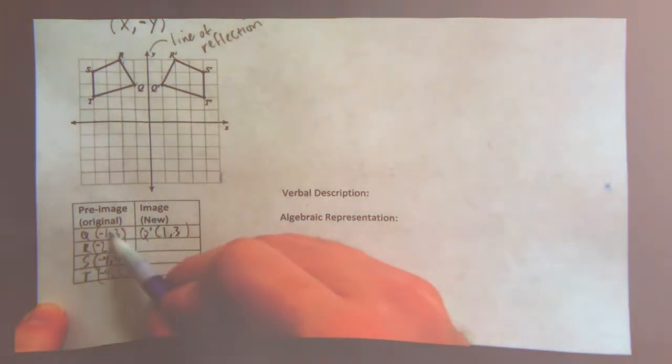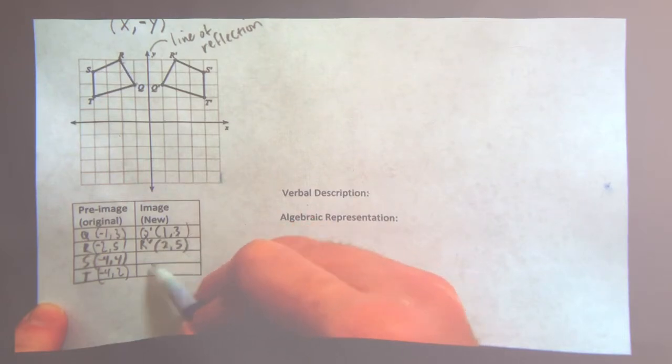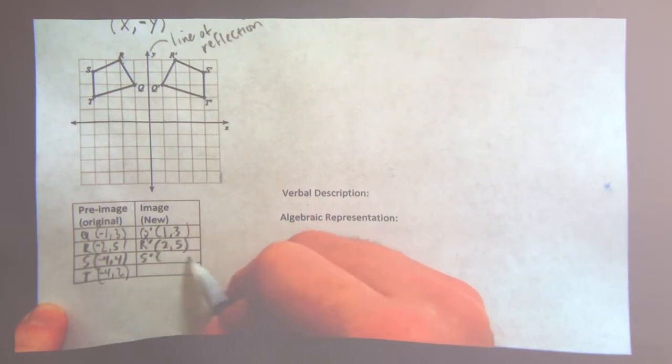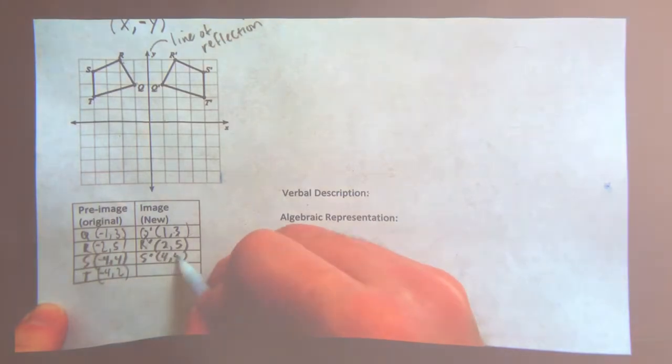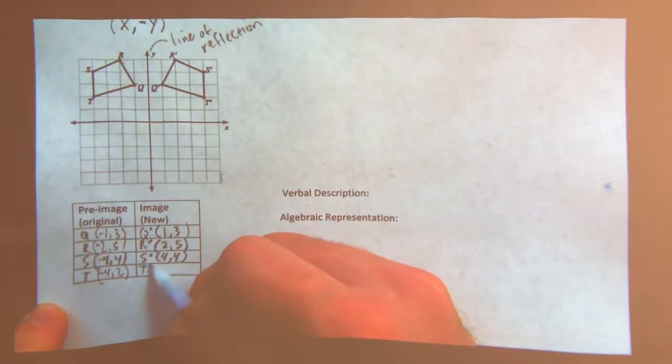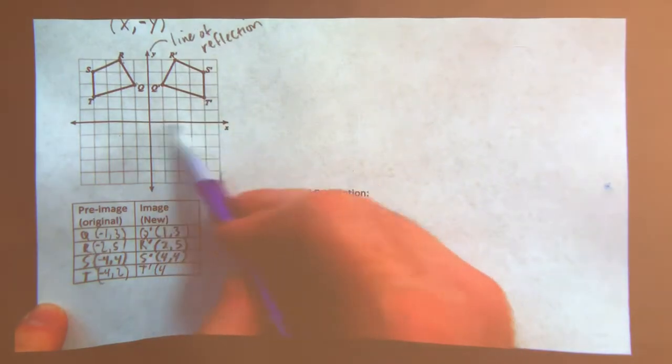So we're going to flip the x coordinates, but our y coordinates should stay the same. So x of -4 becomes 4, and the y coordinate of 4 stays, and this -4 becomes 4, or T prime, 4, 2.